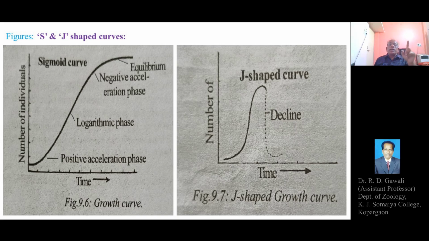Initially, in the first stage, it shows a slow increase in the number of individuals, called the positive acceleration phase. Then rapid growth of the individuals, reaching the maximum level, is called the logarithmic phase.